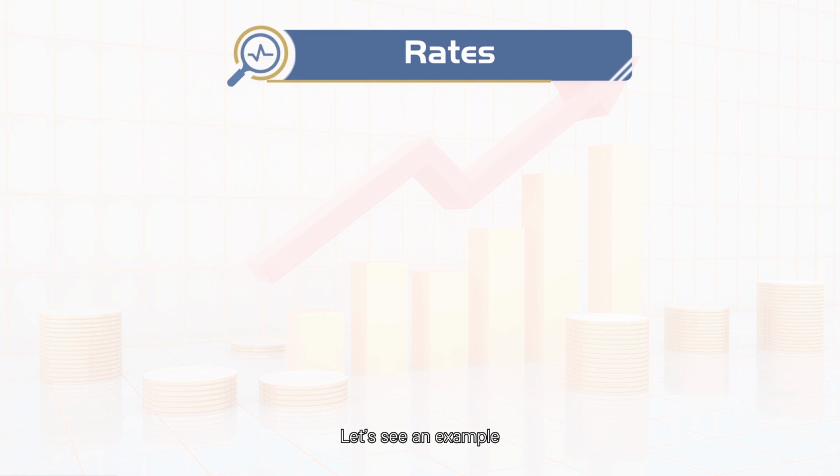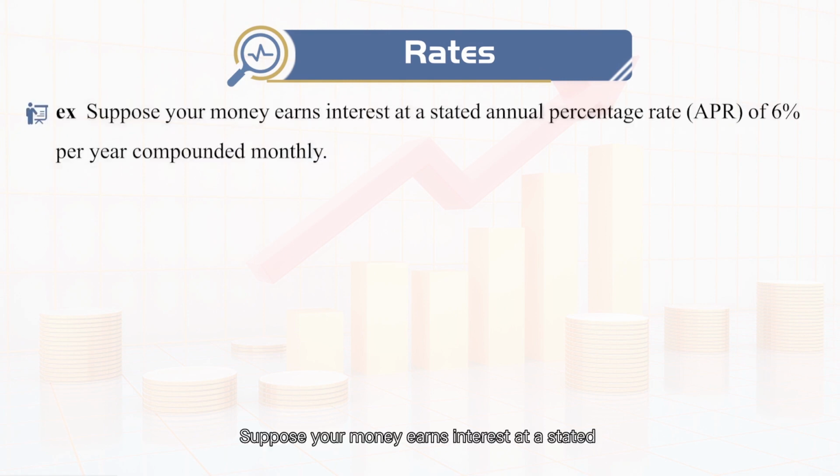Let's see an example. Suppose your money earns interest at a stated annual percentage rate APR of 6% per year, compounded monthly. This means the interest is credited to your account every month at 1/12 of the stated APR.